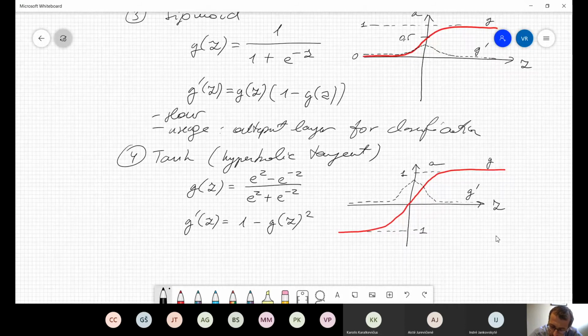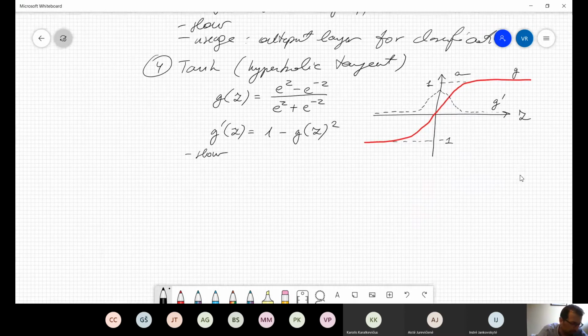This is g and this is g'. It is still slow, because it requires some not simple calculations. But all the good things: more power, zero-centered, and it does not saturate that fast. So you can expect that gradients are being passed to the upper layers. Everything seems to be fine.